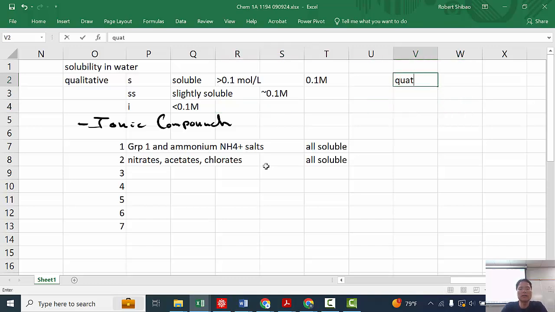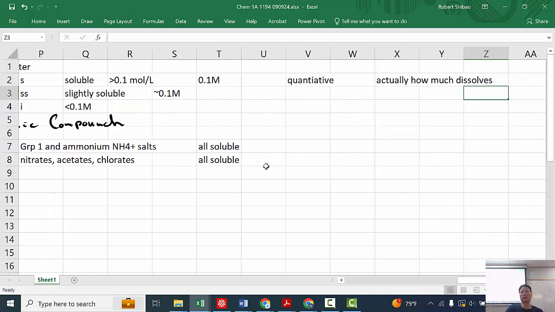And so quantitative is how much dissolves. And we have different units. It could be grams per 100 milliliters or moles per liter, whatever.